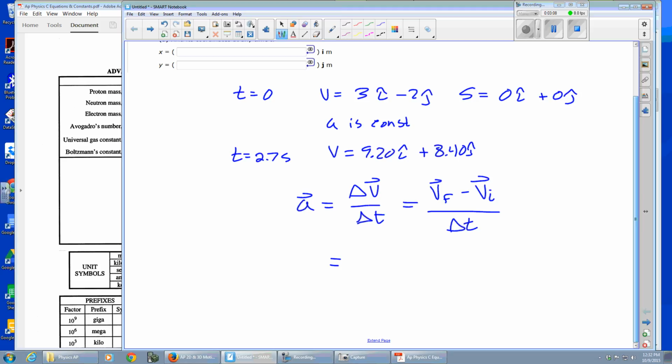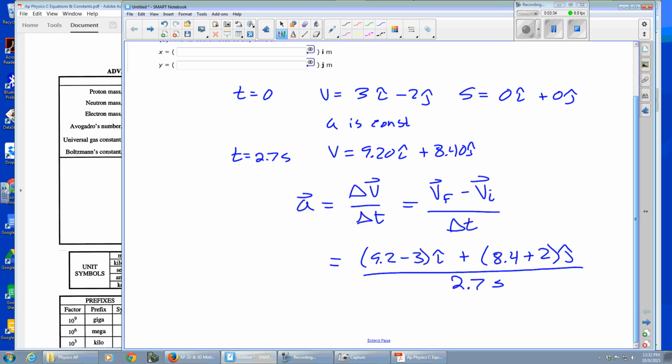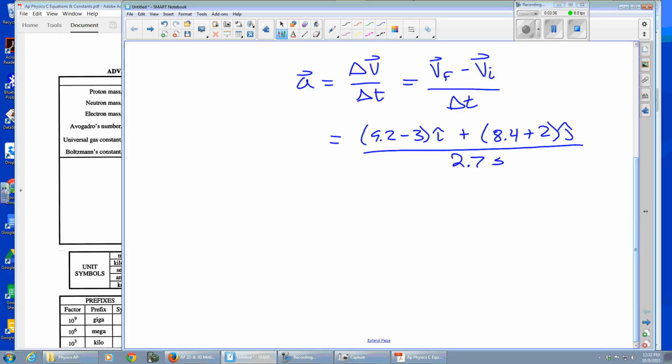V final minus V initial. So for the i component I have 9.2 minus 3 i, plus 8.4 plus 2 j, all over a time of 2.7 seconds. And I should have had units in the upper part there also.